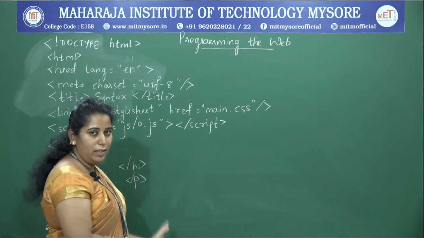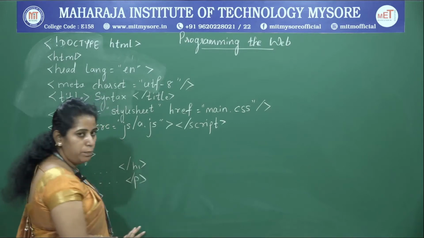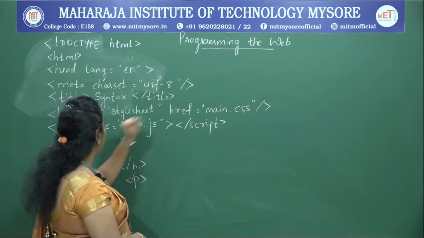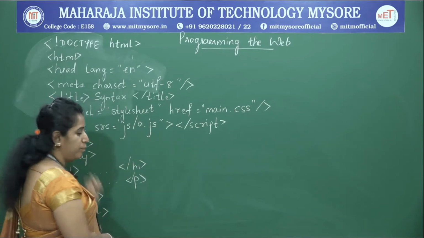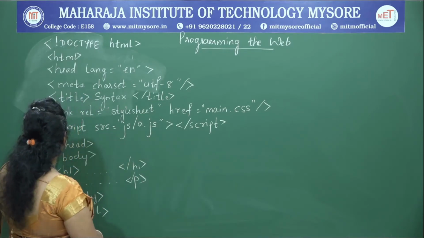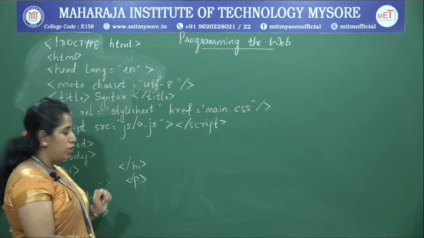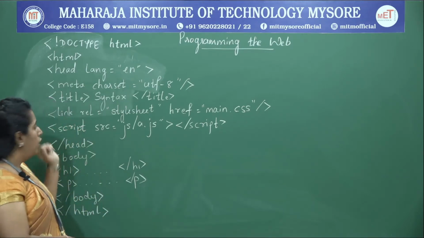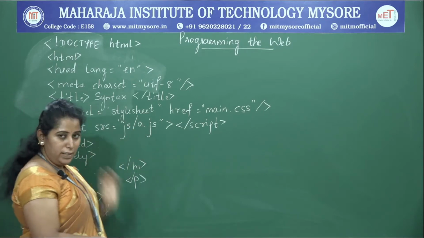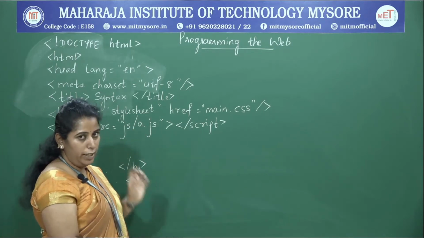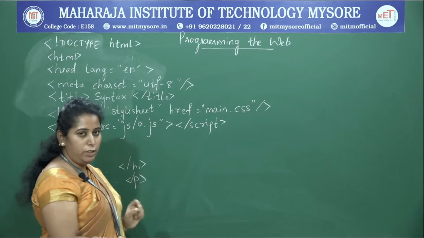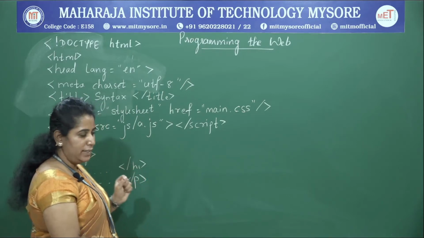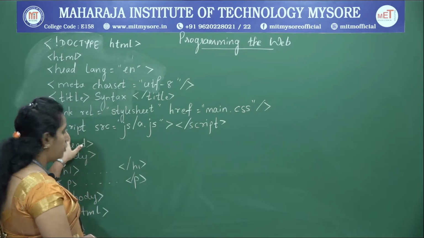I have written the syntax of a simple program, so the title is given and then closed. Next, you can notice I have introduced another instruction, that is link. In this session you will get to know how that link tag can be used in CSS.